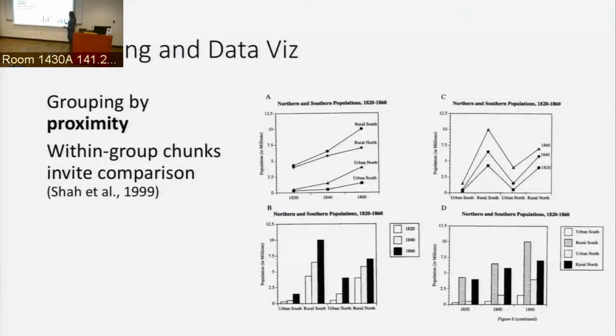And if you compare that to the same data plotted in a very different way, so we're now grouping not by year but by region, the urban versus rural south and the urban versus rural north.